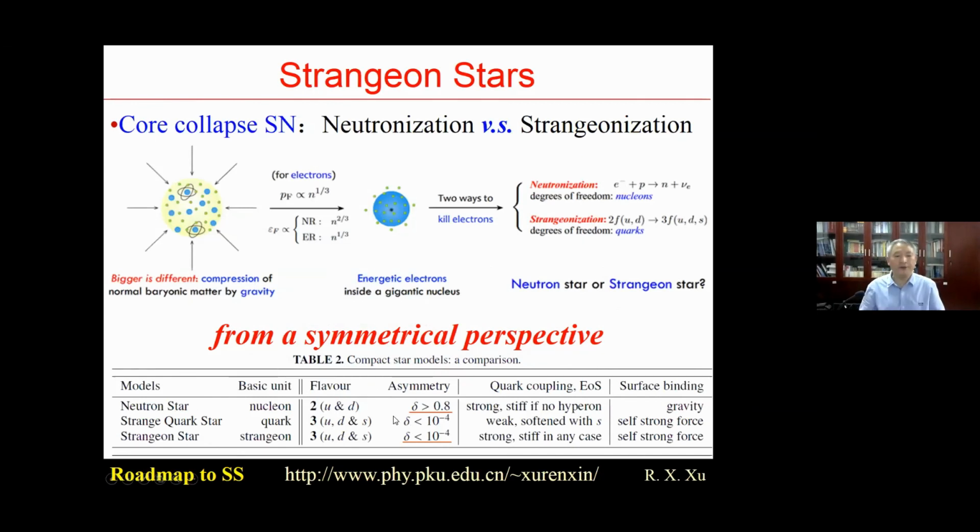The asymmetry of nuclear matter or neutron star, I mean infinite nuclear matter, in equilibrium by weak interaction, you should have more down quarks than up quarks, or equally, more neutrons than protons.